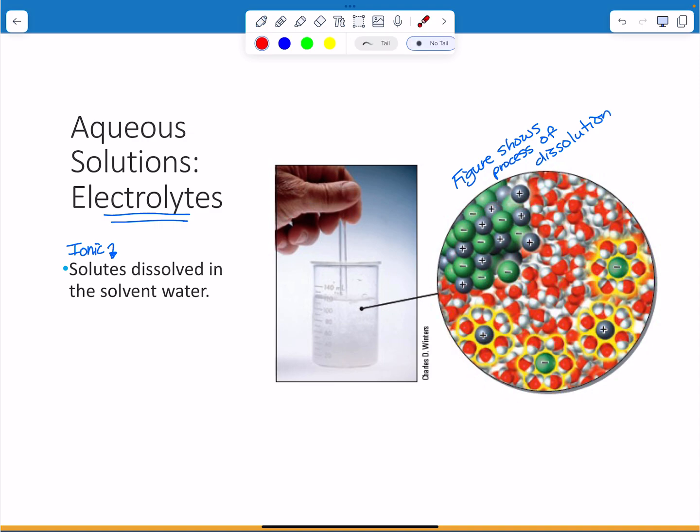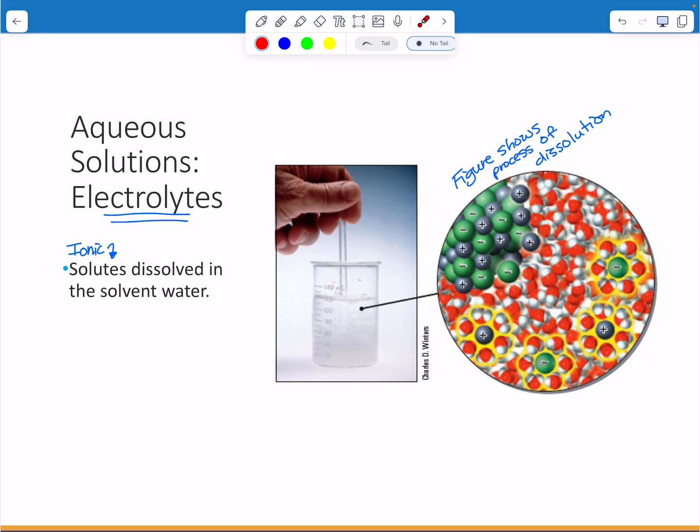This is sodium chloride in water. The chloride ions are shown in green, the sodium ions are shown in gray, and the water molecule is shown as a red oxygen with 2 white hydrogen atoms.